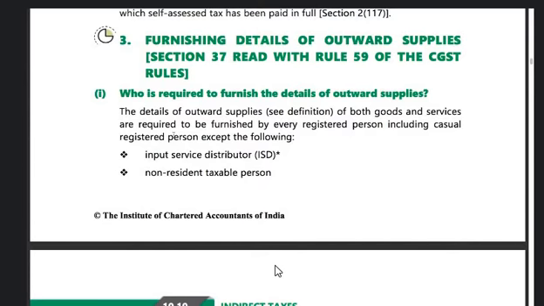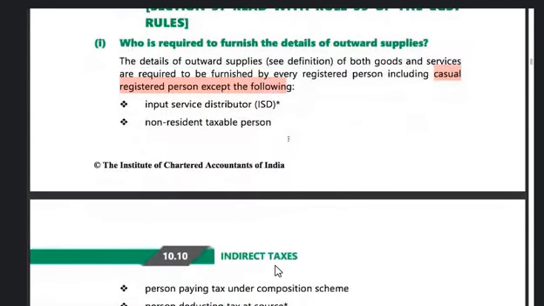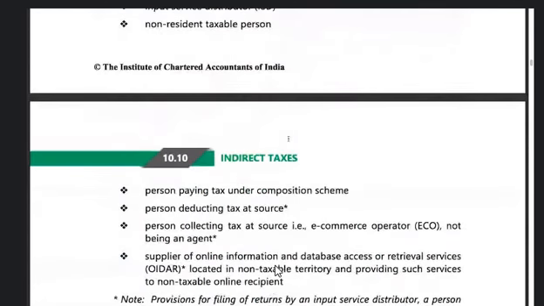The details of outward supply on both goods and services are required to be furnished by every registered person, including a casual taxable person, except the following: the input service distributor, non-resident taxable person, person paying tax under composition scheme, person deducting tax at source, person collecting tax at source, supplier of OIDAR.